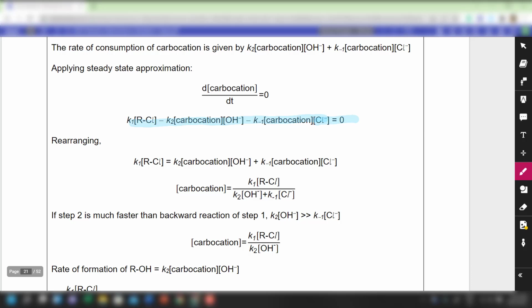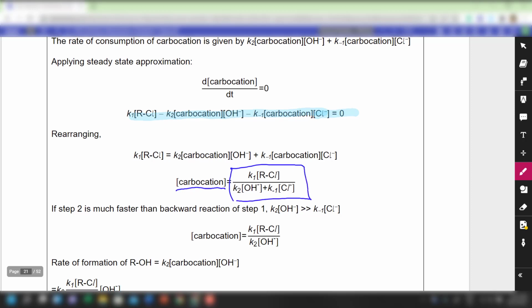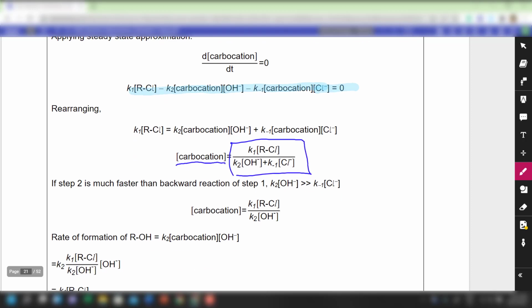After we rearrange the equation, we make K1 RCl the subject first, and then we make the carbocation the subject. We notice that the concentration of the carbocation has a relatively complex relationship with RCl, OH- and chloride. However, we understand that step 2 is the fast step.